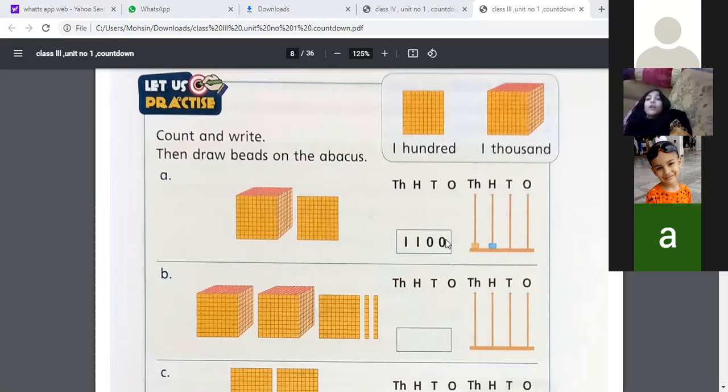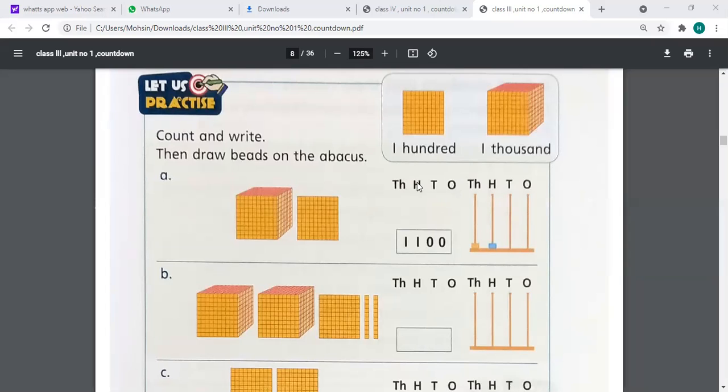Ones I have only 0, so I'm not going to draw any bead on this line. Now the turn of tens. How many tens do I have in this one? 0. So I don't draw any bead in this line. The second one is 100. How many hundreds do I have? I have 100. So I draw 1 bead.